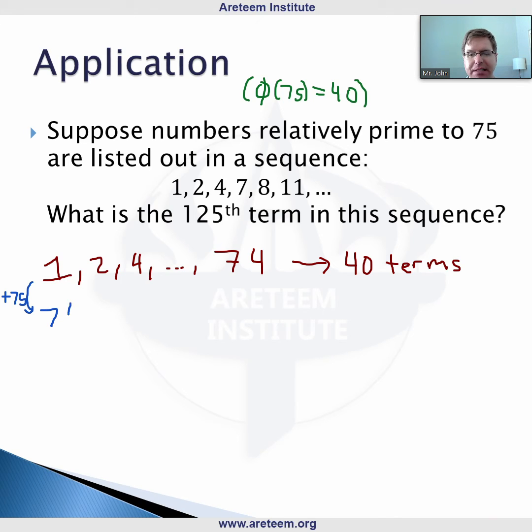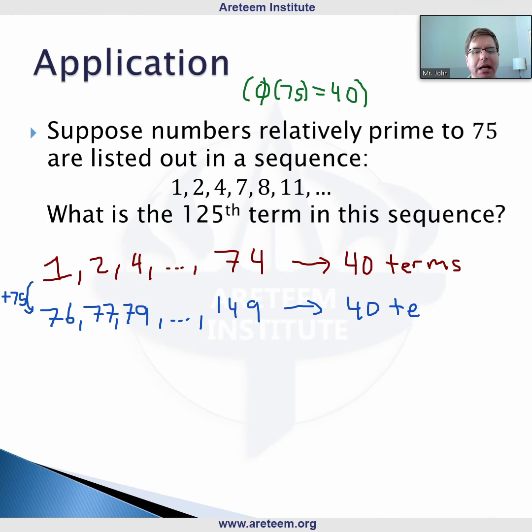So we have 76, we have 77, we have 79, all the way up to 74 plus 75, so this is 150 minus 1, 149 in this case. So we have another list of 40 terms as well.